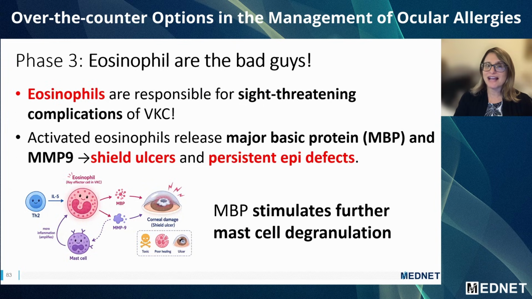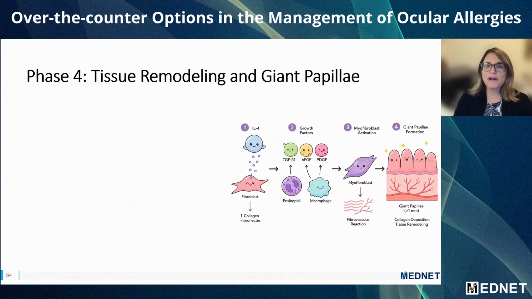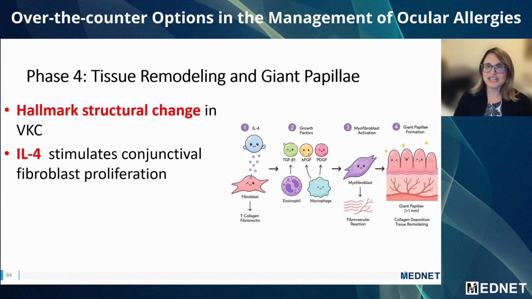And similar to SAC and PAC, it is a little bit of a cycle of inflammation, where these proteins then stimulate further mast cell pathology. One of the biggest differentiators in VKC is what we see on exam, which are these giant papillae. That's the hallmark structural change, and it's mostly in the palpebral conjunctiva of the upper eyelid.